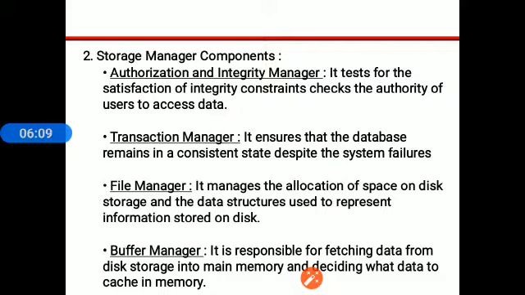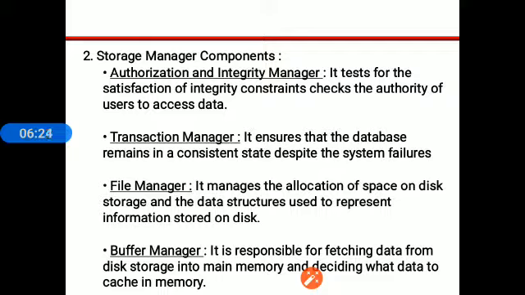The condition is that the transaction either should be fully complete or it should be fully incomplete. So those things are maintained by transaction manager.